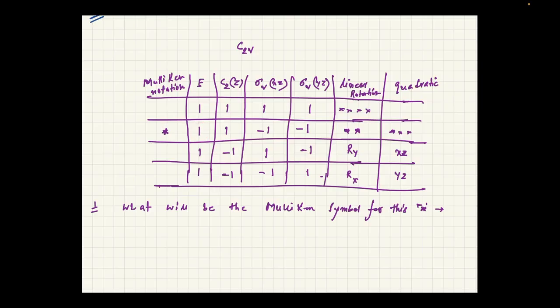That means the Mulliken symbol will start with either A or B. Then we have to look at the proper axis of rotation, and its character is 1. That means it is symmetric with respect to the proper axis of rotation, so the Mulliken symbol will start with A. Then we have to look at sigma v. The character is -1. That means it is antisymmetric with respect to the vertical plane of symmetry sigma v, so the Mulliken symbol will be A2 here.